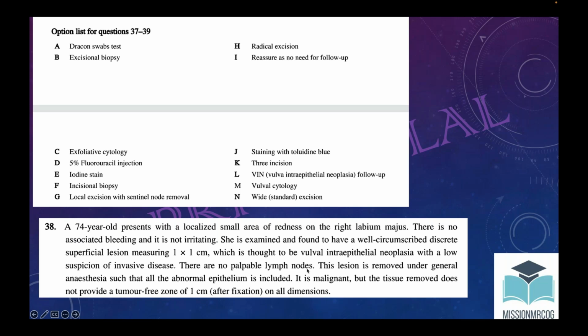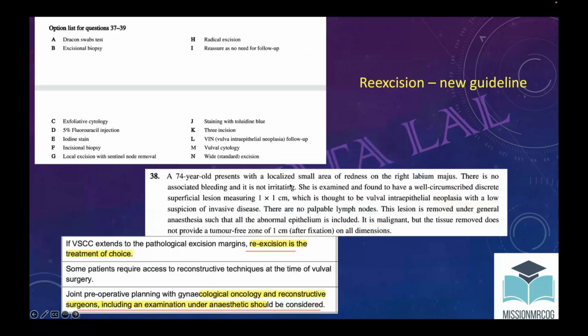It is malignant, but the tissue removed does not provide a tumor-free zone. So what to be done? Re-excision. The book answer here is radical excision, but according to the new guideline, it should be re-excision. Someone was asking this question. Now the things would be clear.